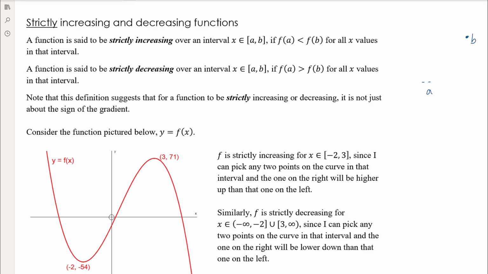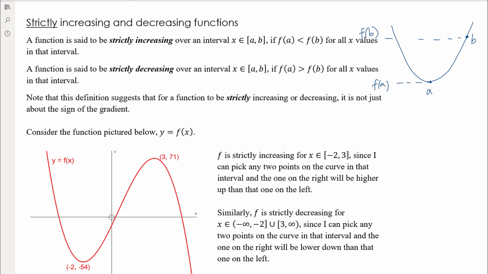So f of a, remember, is the y value of this point, and f of b is the y value of that point. So what it's saying here is the function is strictly increasing over a closed interval, a to b, including a and including b, if f of a is smaller than f of b.